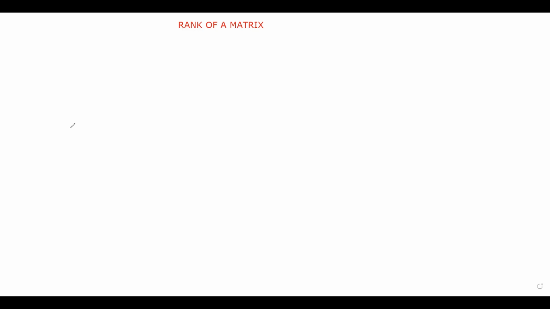So the matrix is said to have a rank R, or we have another notation.